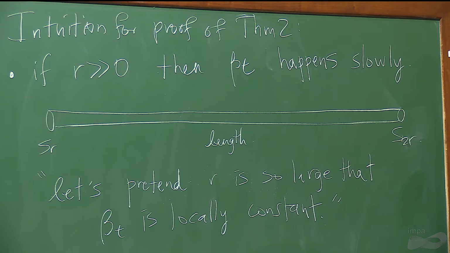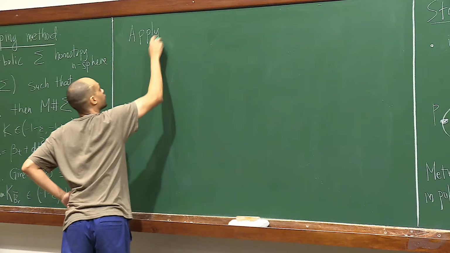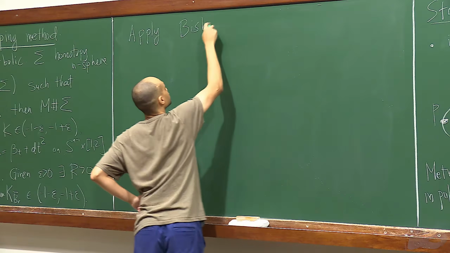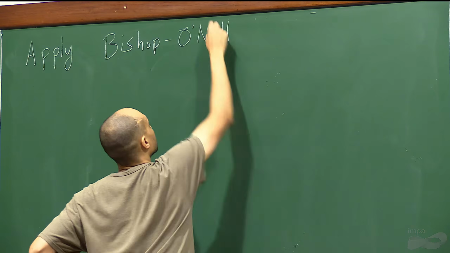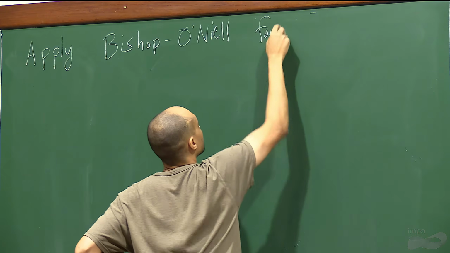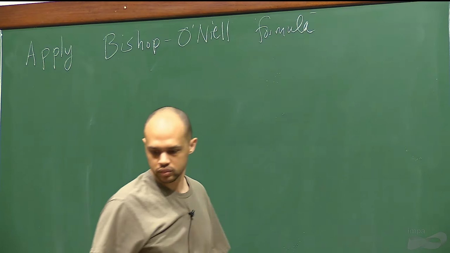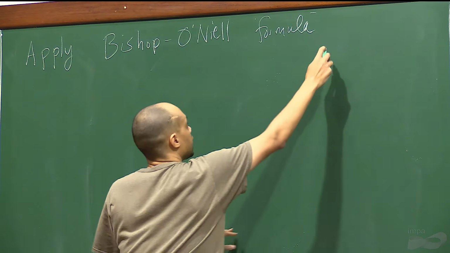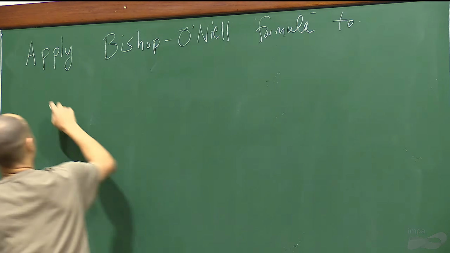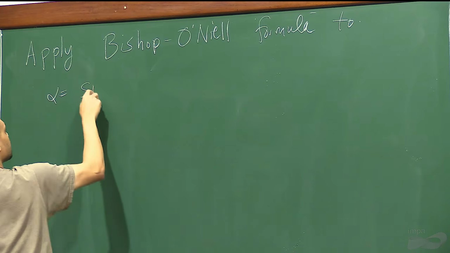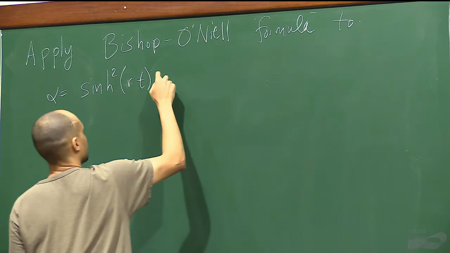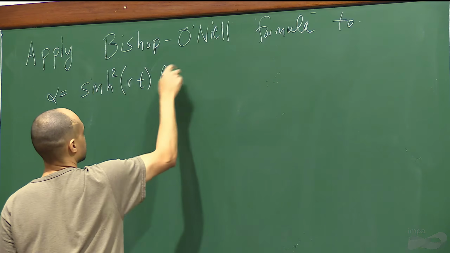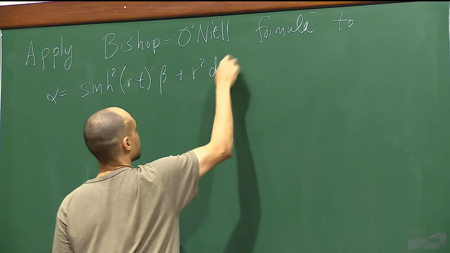Okay, so now we apply, from last time, the Bishop-O'Neill formula to this metric, alpha, which is sinh squared RT beta plus R squared dt squared.